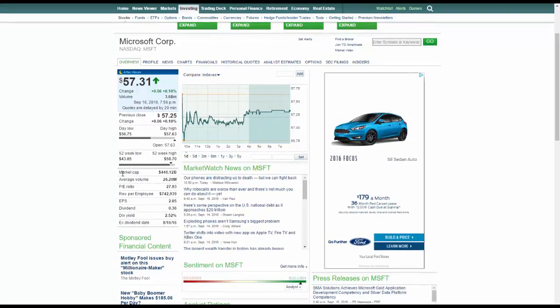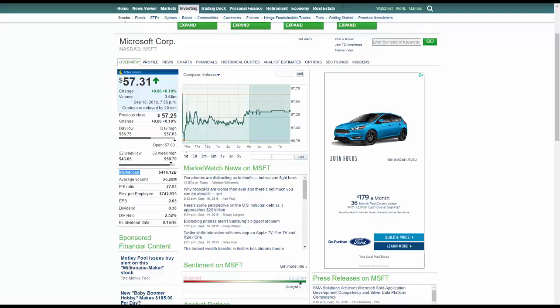What we also see here is market cap, which stands for market capitalization. Basically, that is the complete overall value of the company within the stock market, calculated by multiplying the shares outstanding for that company by the current share price.